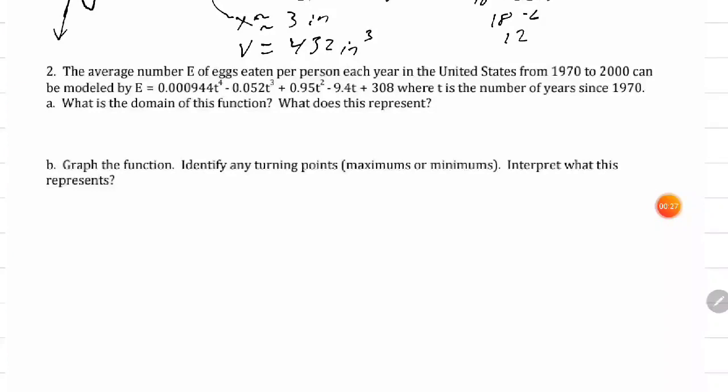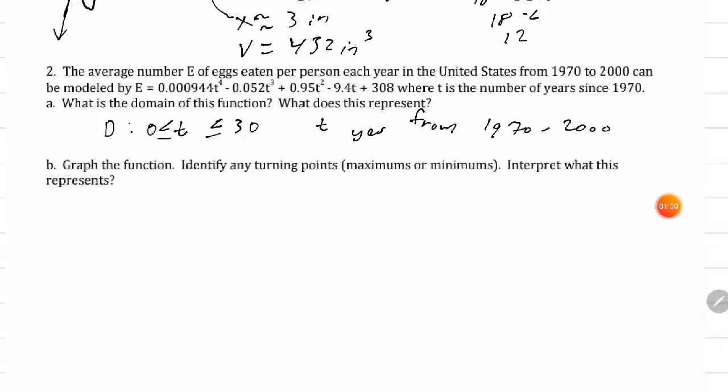So what values of t can I plug into this equation? Well, this only works for 1970 to 2000. So the domain, t can be greater than 0 and less than or equal to 30, because that's 30 years, from 1970 to 2000.